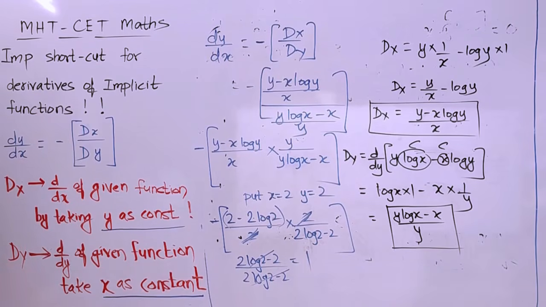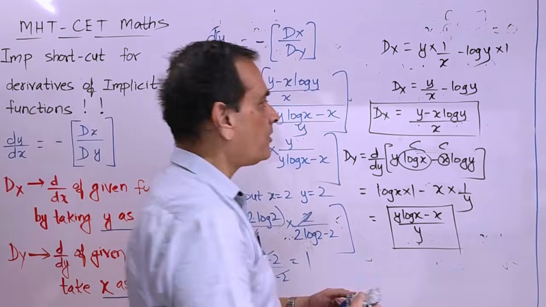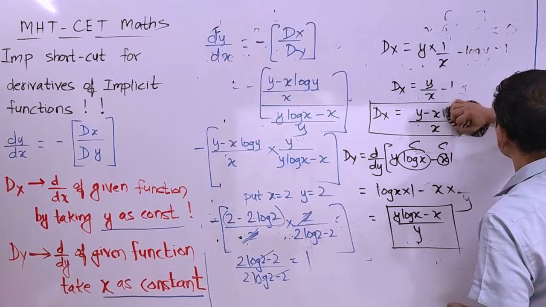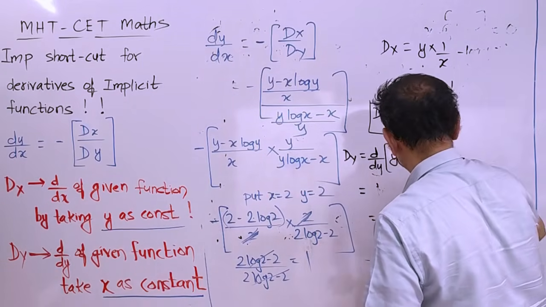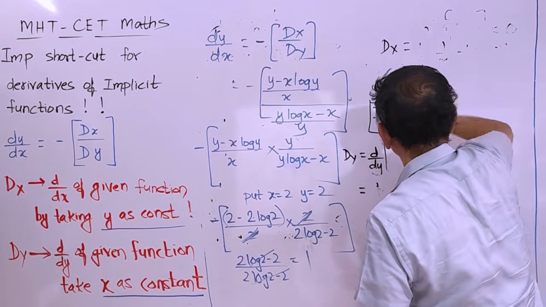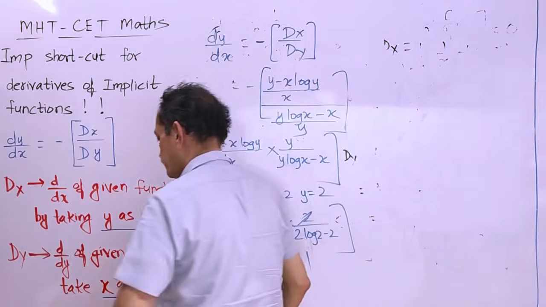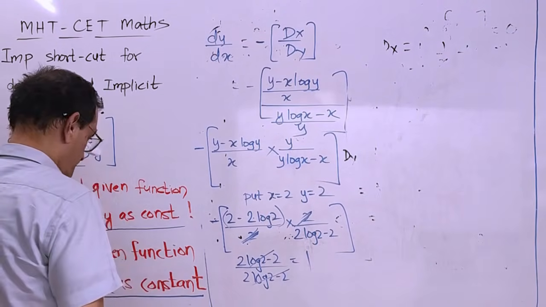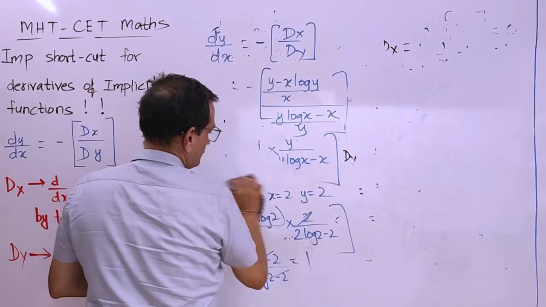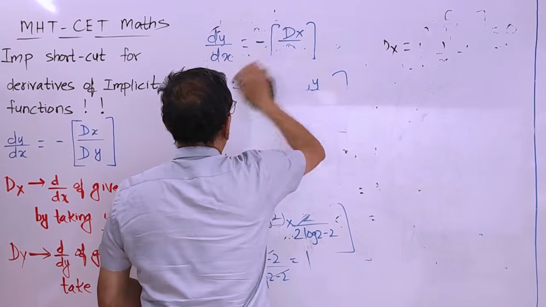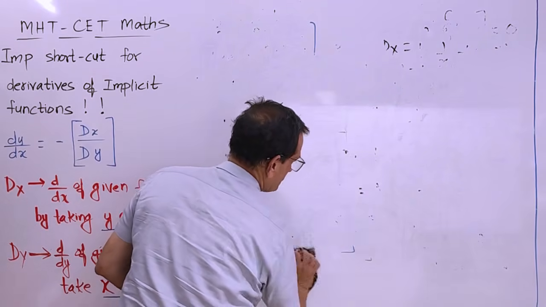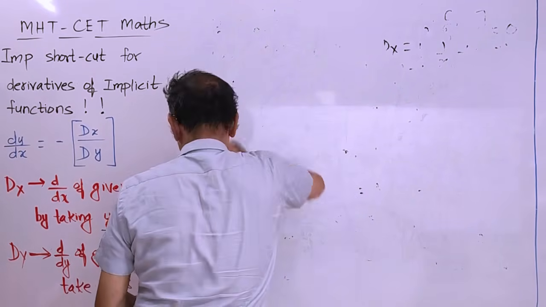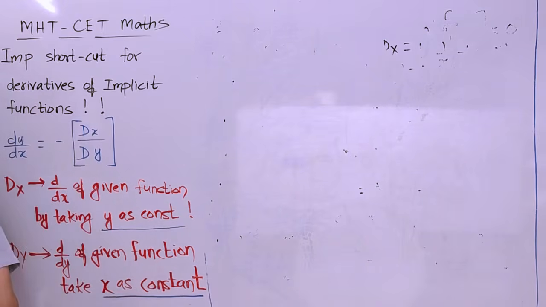Followed? This is the use of implicit function formula. Then similar sum.